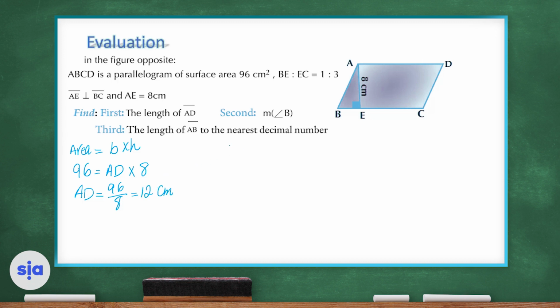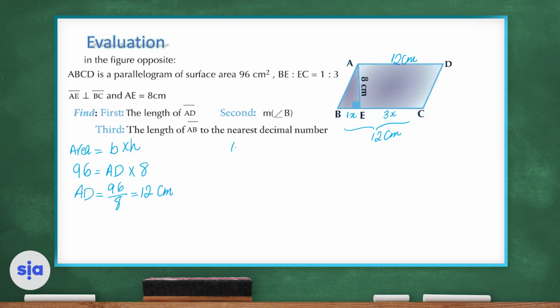Second, the question here wants us to find the measure of angle B. If we check here the second given in the question, it says that BE to EC, they have a ratio of 1 to 3. Since we got that AD equals 12 centimeters long, then automatically BC is 12 centimeters long. Then, from this ratio, we can say that BE is 1x, where EC is 3x.